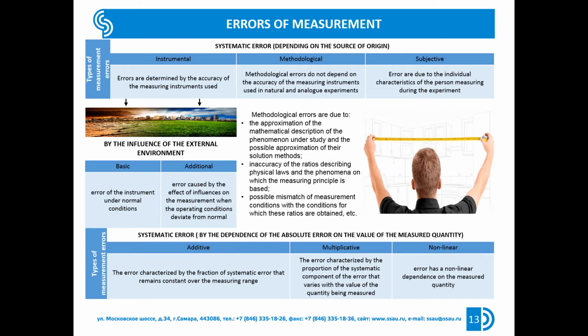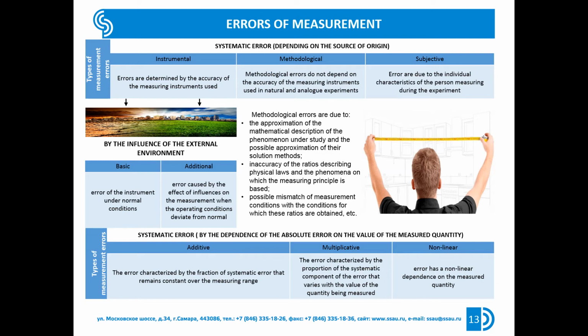Inaccuracy of the ratios describing physical laws and the phenomena on which the measuring principle is based. Possible mismatch of measurement conditions with the conditions for which these ratios were obtained, etc. Methodological errors do not depend on the accuracy of the measuring instruments used in natural and analog experiments. Subjective errors are due to the individual characteristics of the person measuring during the experiment.